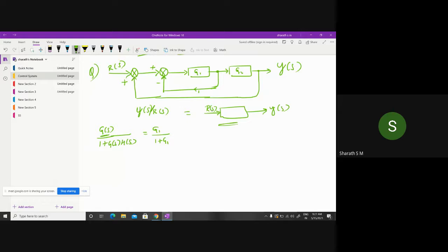We don't have a variable H, so I retain that as 1 plus G1. So that feedback element can be reduced into G1 divided by 1 plus G1. Afterwards, we have G2, and the last is the output Y of s. Then write down the next feedback same as it is.